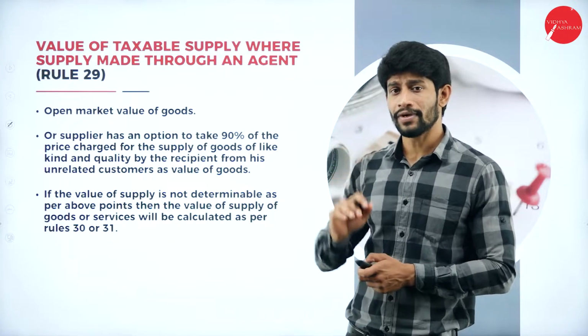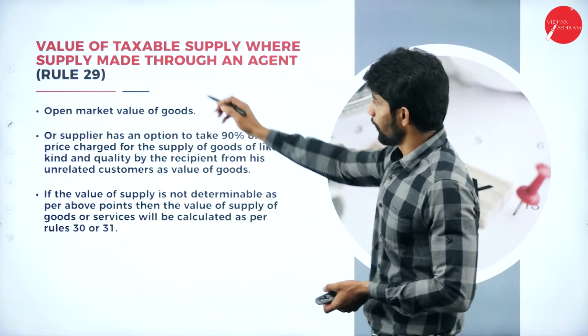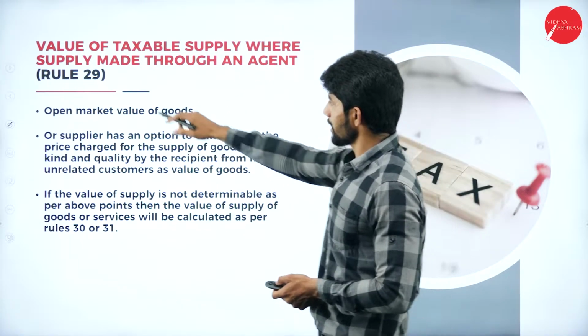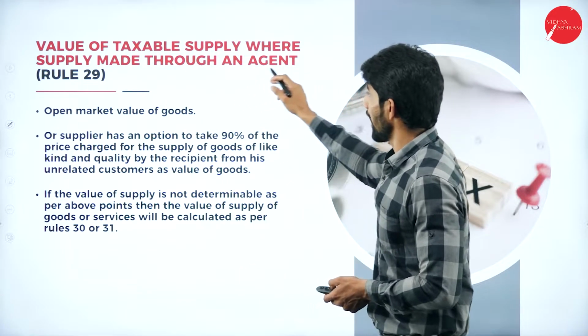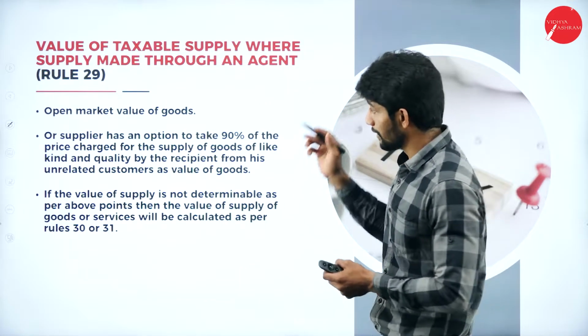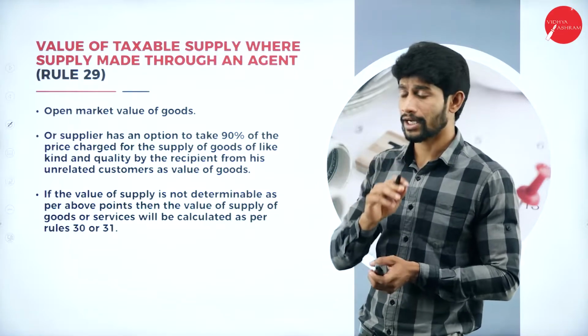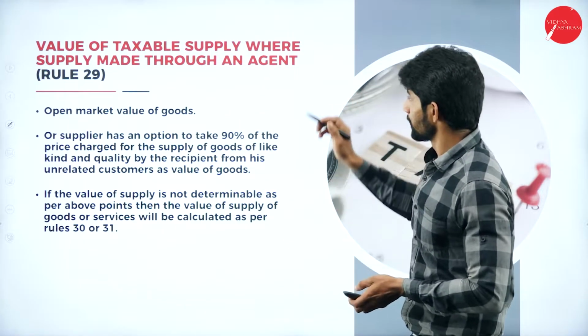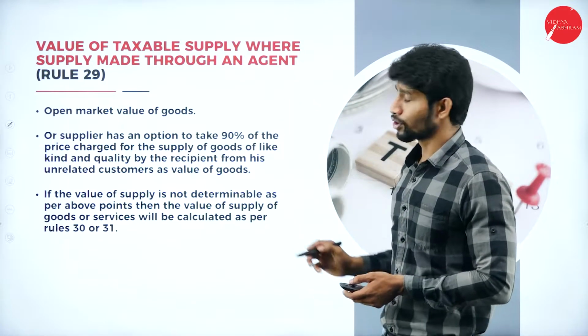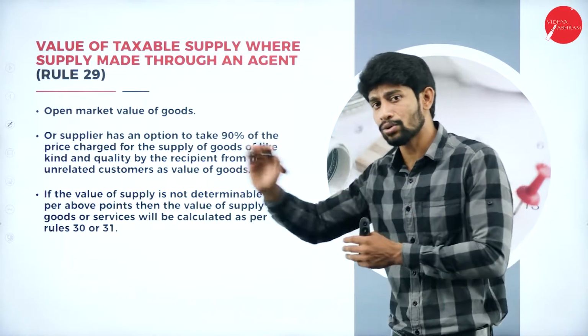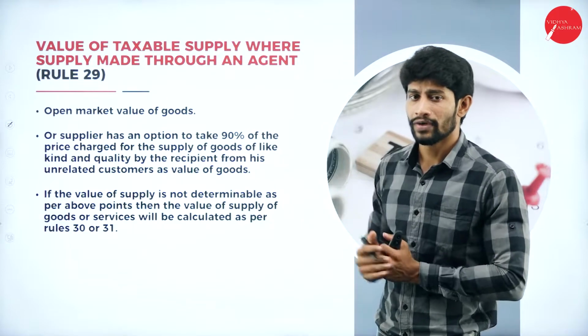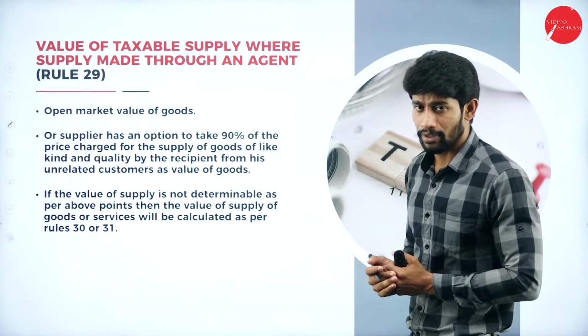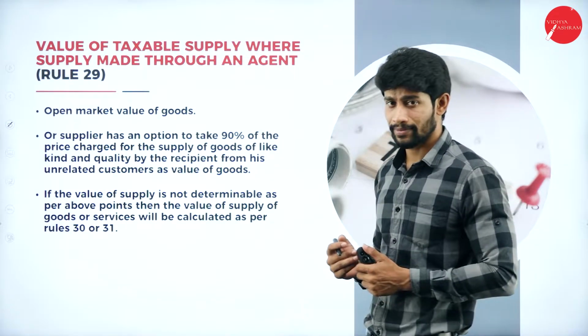So when is rule number 29 applicable? The value of taxable supply where supply is made through an agent. When the supply is made through an agent, then rule number 29 is applicable. So how do we compute the value of taxable supply?